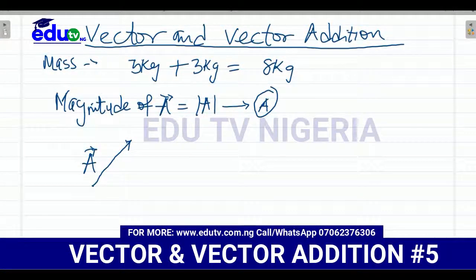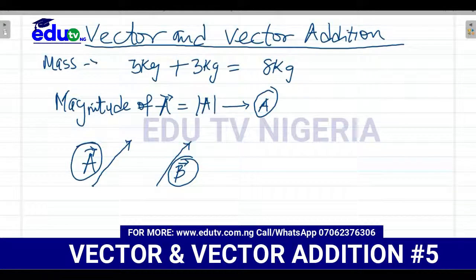We also have another vector with the same direction and the same magnitude. That's called vector B. Vector A and vector B are two equal vectors, for having the same magnitude. Next example, this is 3 meters, and this is also 3 meters, at the same direction, facing upward.